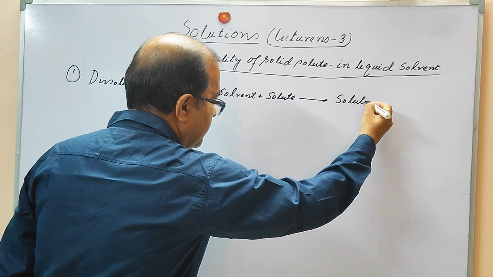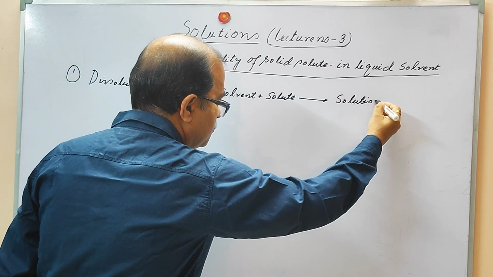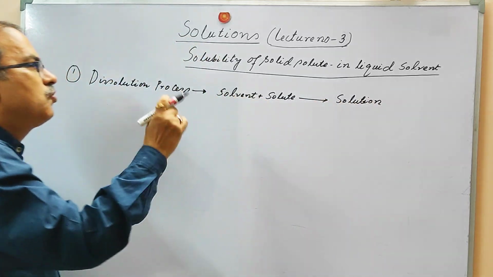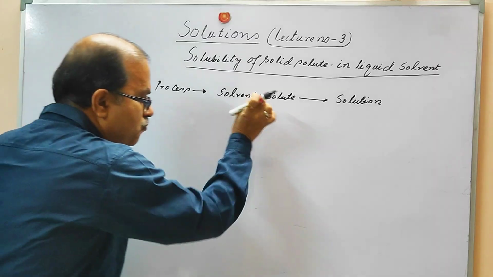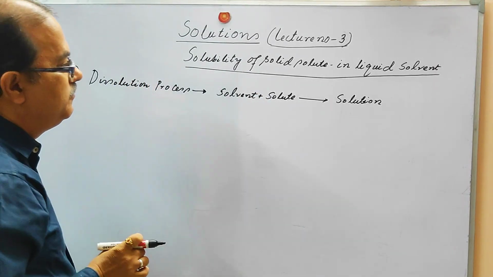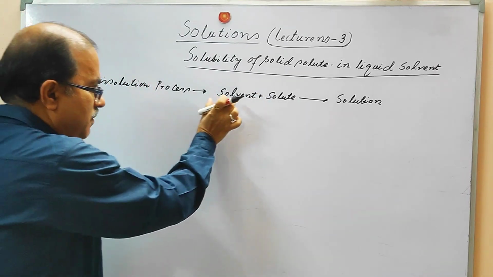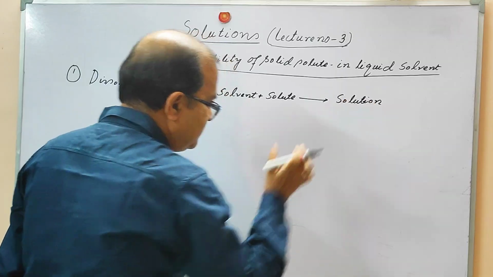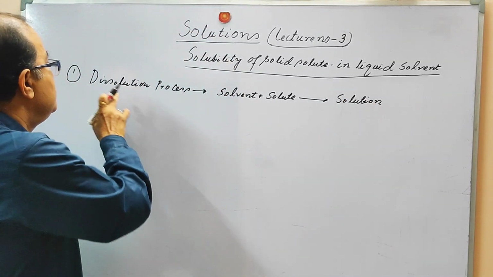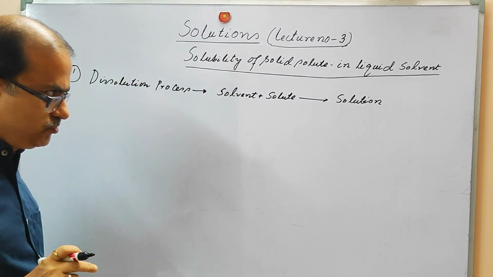The solute in the example we have taken will be a solid. So solvent plus solute gives us the solution, and this process is called the dissolution process.